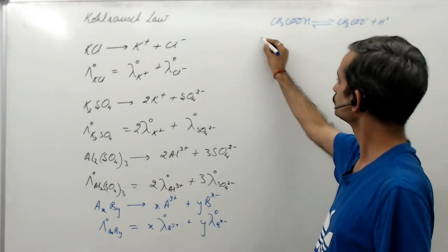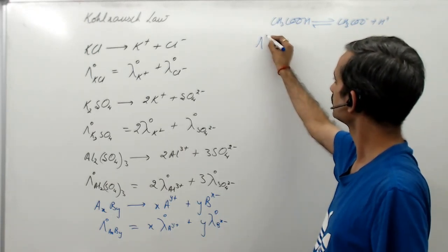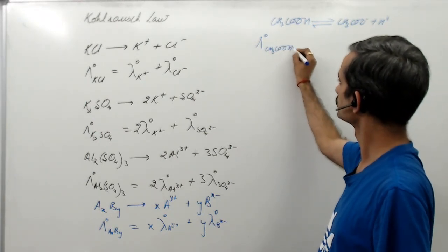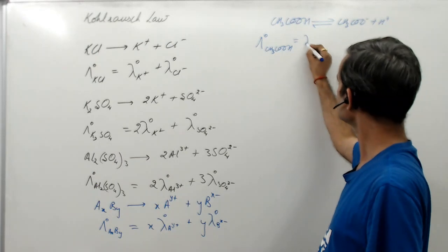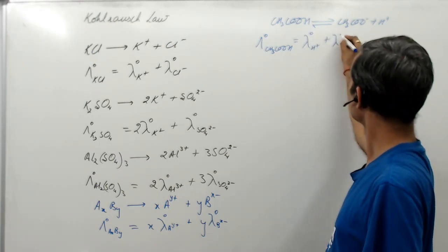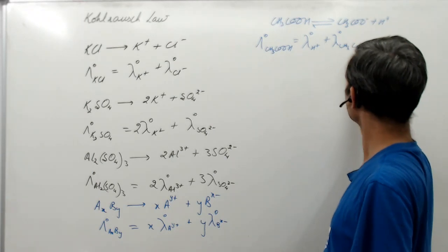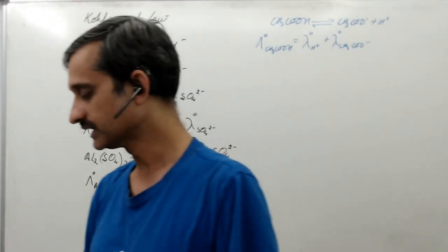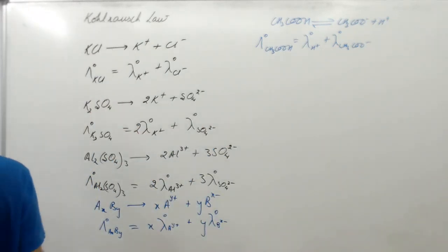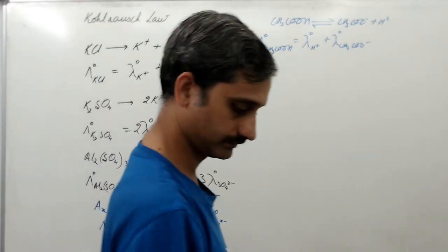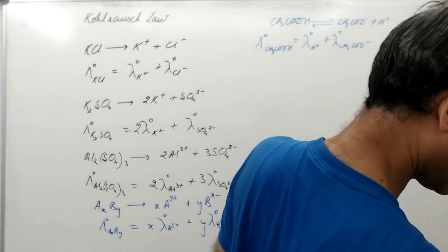So if I need to talk about the lambda at infinite dilution of CH3COOH, it should be equal to lambda naught of H plus plus lambda naught of CH3COO minus. Now I cannot find the lambda infinity of CH3COOH directly because it's a weak electrolyte, but I can get along with a roundabout way. Now how do I get along with the roundabout way?